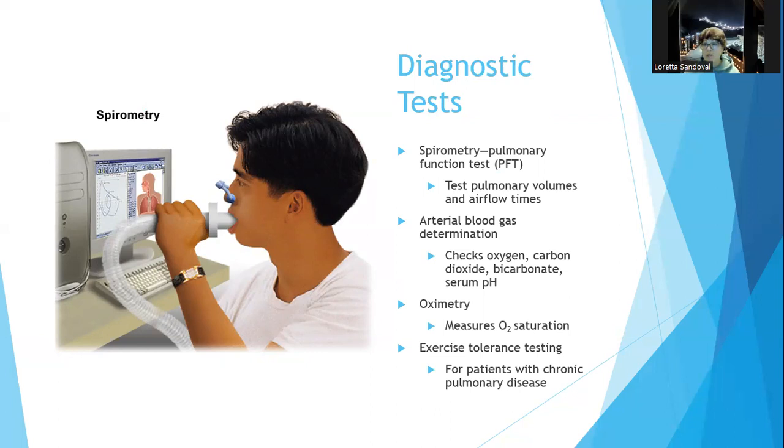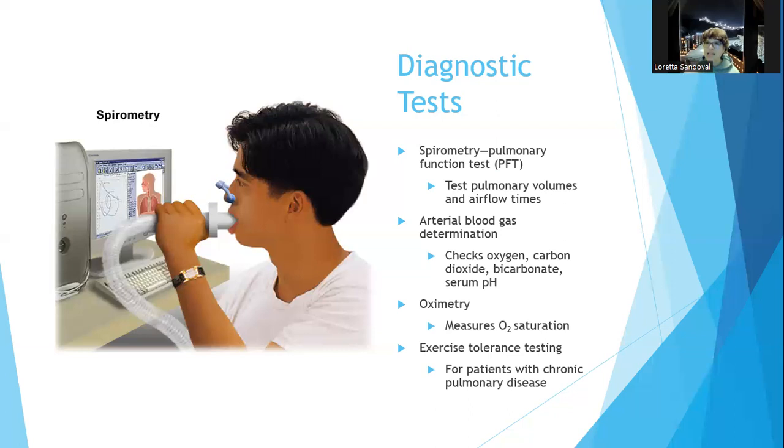Arterial blood gases, which if you recall in the cardiovascular chapter, were sometimes used to evaluate some things in the cardiovascular system. It checks your oxygen, carbon dioxide, bicarbonate, and serum pH level in your arterial blood.